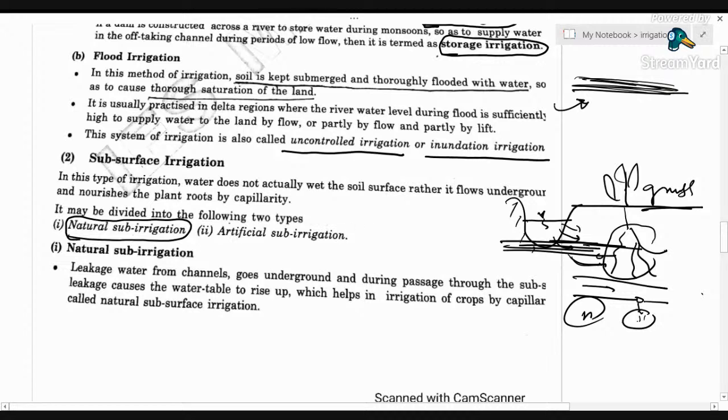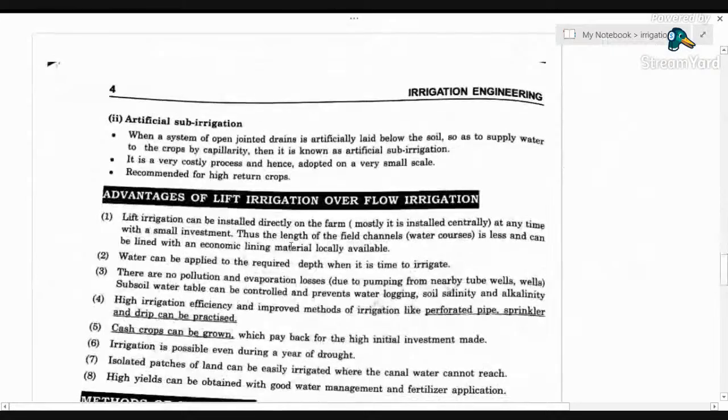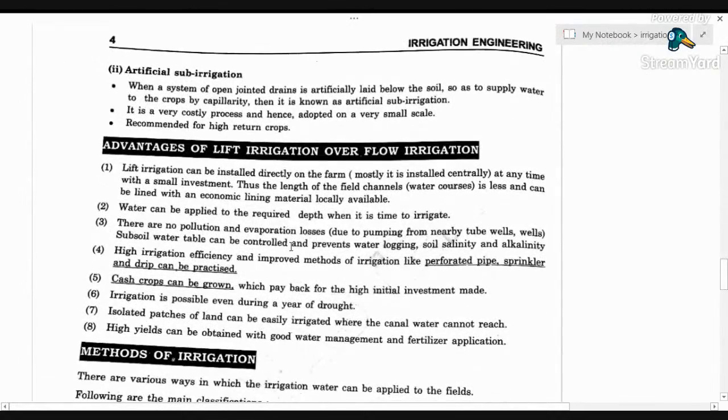In artificial subsurface irrigation, we place the pipe below the surface. We are not wetting the surface here. We lay the pipe below the surface and supply the water directly to the plant roots. This kind of irrigation is called artificial subsurface irrigation.